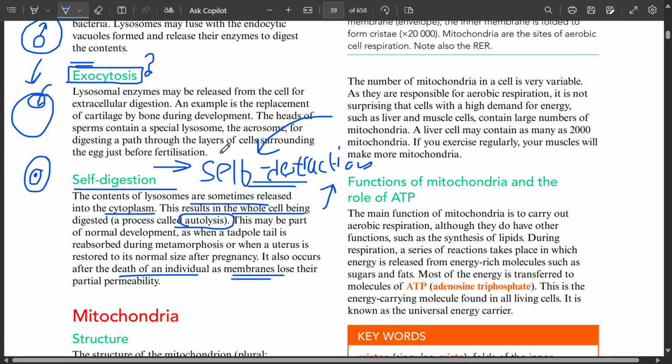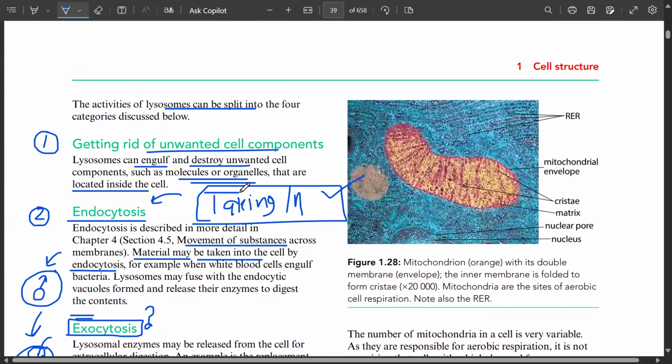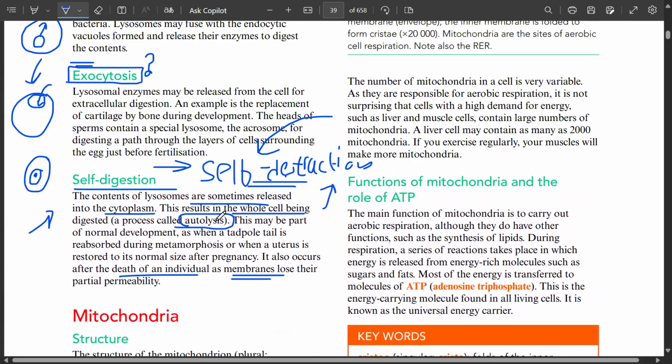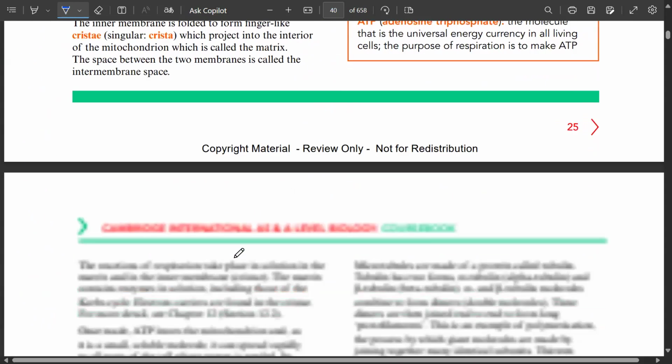The lining itself. The lining breaks down. And who is responsible for the lining breakdown? The cells, lysosomes. Got it? You remember the examples that I give you? I don't think menstruation over here is the example. When a uterus is restored to its normal size after pregnancy, that is also a good example. Good. Okay.